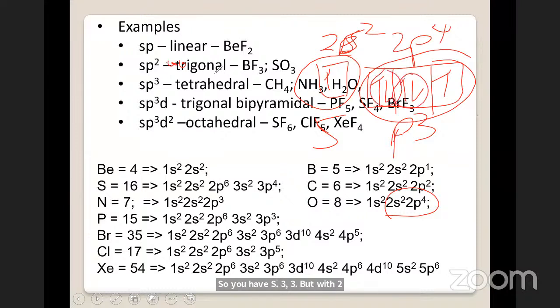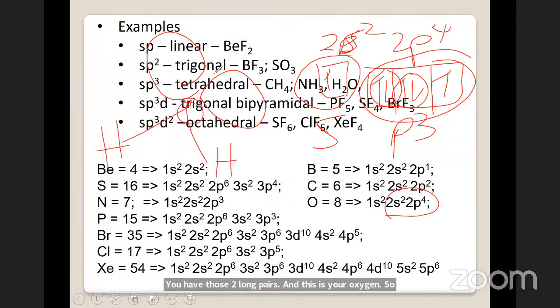So instead of it being tetrahedral, as you have it like that, you have a lone pair here and another lone pair here. You have those 2 lone pairs, and this is your oxygen, with hydrogen here and hydrogen here.